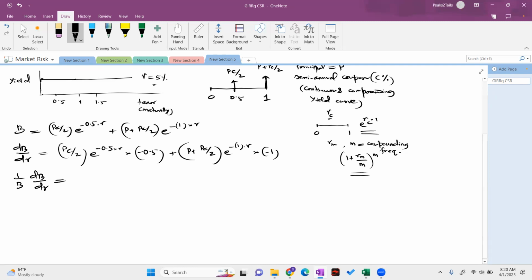There is minus in both these terms, so let me take minus outside. I get PC by 2 e to the power minus 0.5 R divided by B plus P plus PC by 2 e to the power minus 1 times R divided by B.